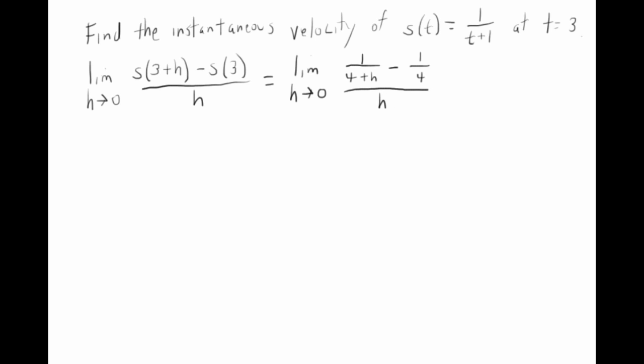Now, let's talk about how we're going to find this. The first way we're going to do this is numerically, which means that we want to make a table of h values that are heading towards 0, and we will talk about our estimates for the derivative.